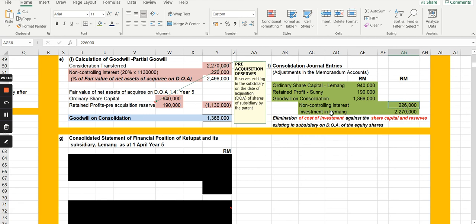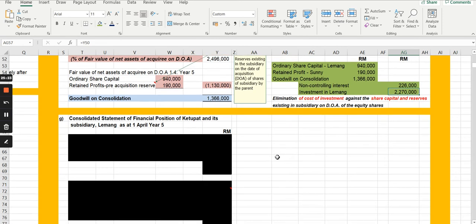And the investment in Lemang is being cancelled here. Okay, that is the only entry that you need to do, because this is preparation on the date of acquisition.